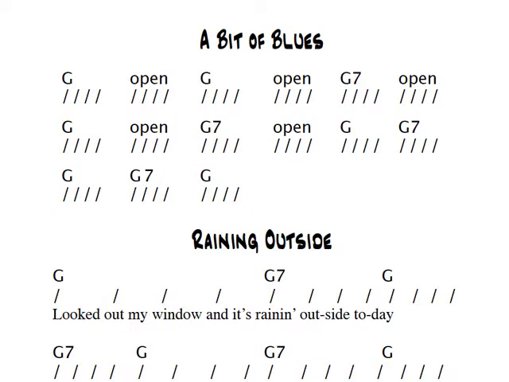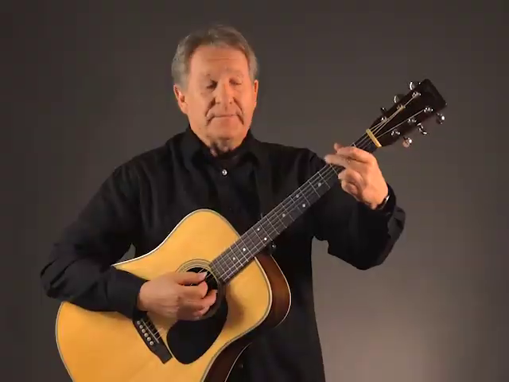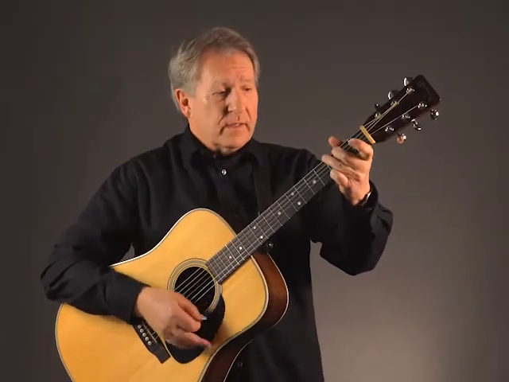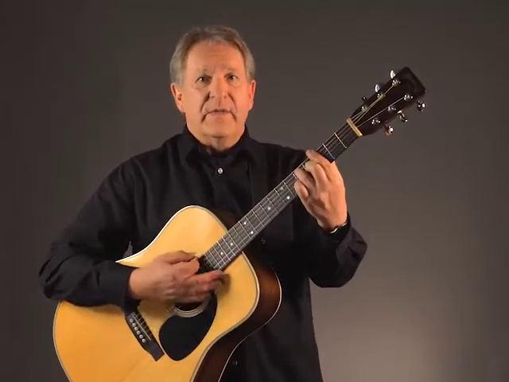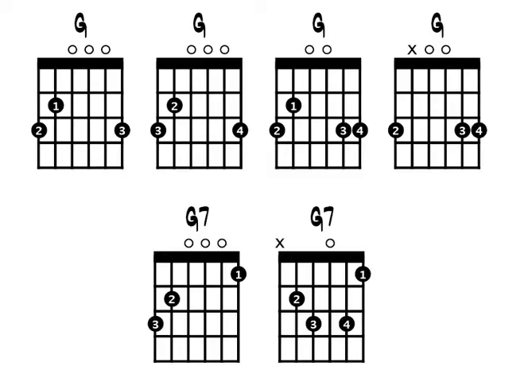The more experienced students in the class can play the exercises and songs in Lesson 2 using the more challenging fingerings of the chords, such as a G this way, or this way, or this way, or this way. Same for the G7, maybe this way, or this way, or this way. The page showing the more advanced fingerings of the G and G7 chords could be copied and given to the more advanced students.